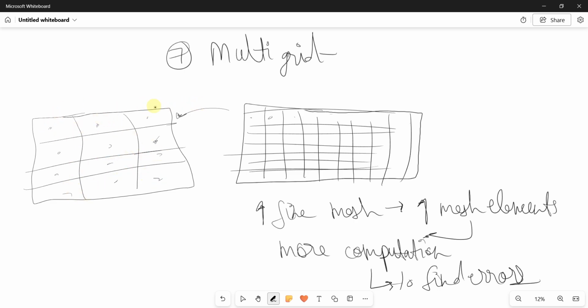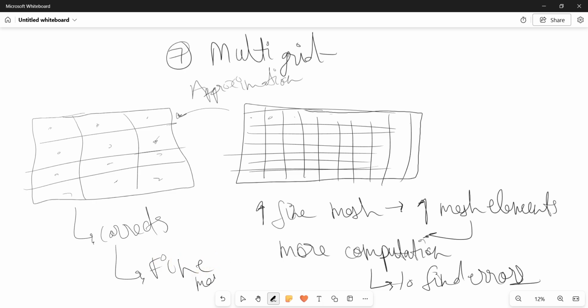And I can take this as an approximation. Might not be the exact errors, but I can take that as an approximation and almost close to the real ones. So that's what multigrid does: it converts this finer mesh into a coarser mesh, then it calculates the errors, corrects them, and then converts it back into fine mesh.